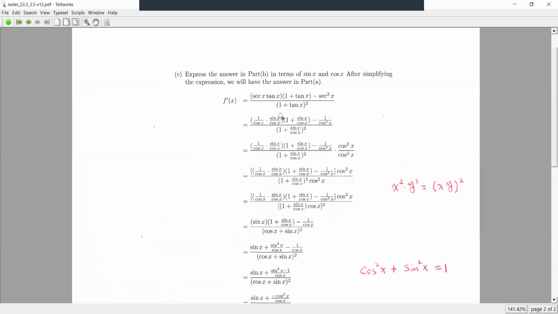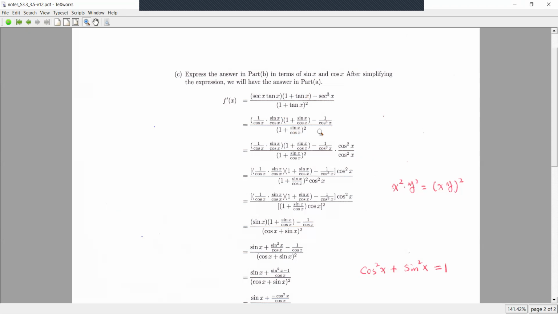Tangent is sine over cosine. This tangent is sine over cosine. And this tangent is sine over cosine. Secant to the third is 1 over cosine to the third.